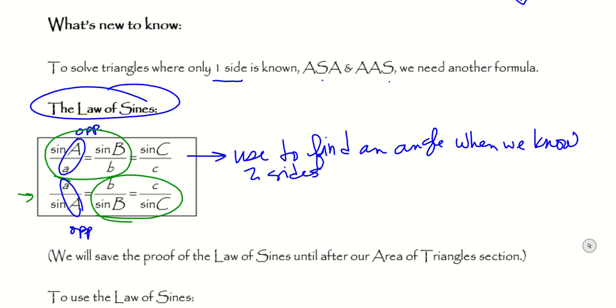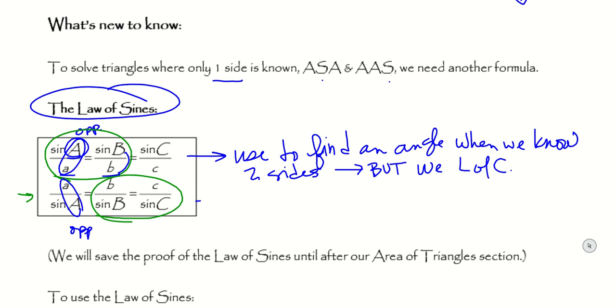So if I'm going to use this to find an angle, I would need to know two sides and then the angle opposite one of the other sides. But we can already use the law of cosines for that, which is actually better in the long run.